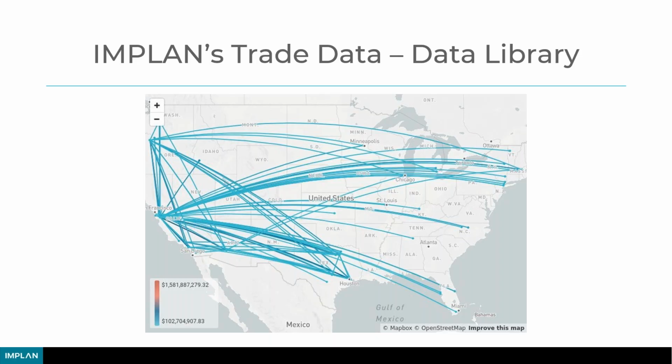But I do see that we've got a couple minutes, and there's a couple questions. One question came in: can academics or researchers purchase a license to have access to these data? Yes. As I mentioned, the data library is either available for purchase outside of the IMPLAN input-output modeling tool, or it can be added to that modeling tool as an add-on.